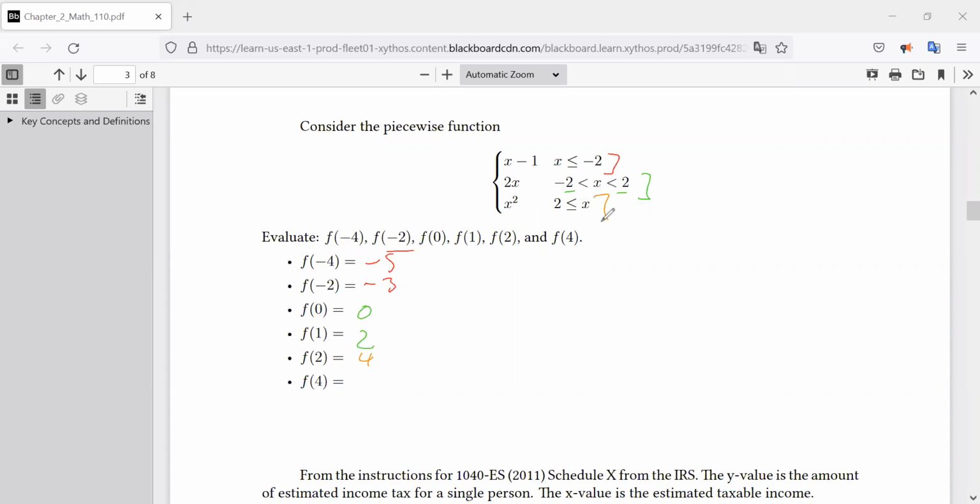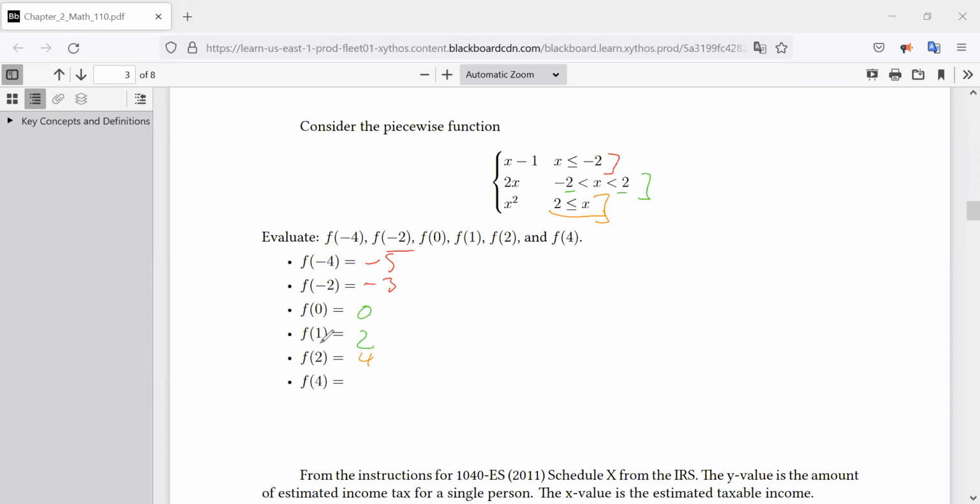They agree at this point, but you are using this one to define it because 2 is greater than or equal to 2. And 2 squared is 4. Wouldn't f of 1 be just 1, because x is supposed to be greater than -2 and less than 2?